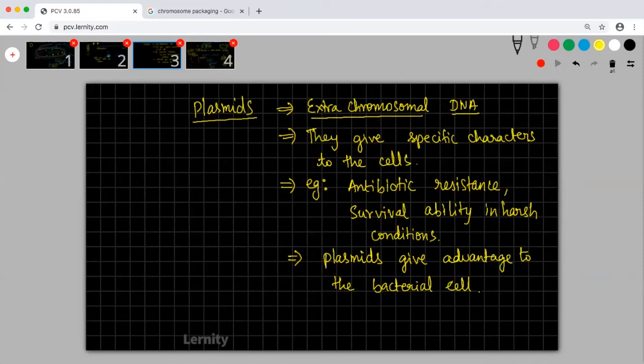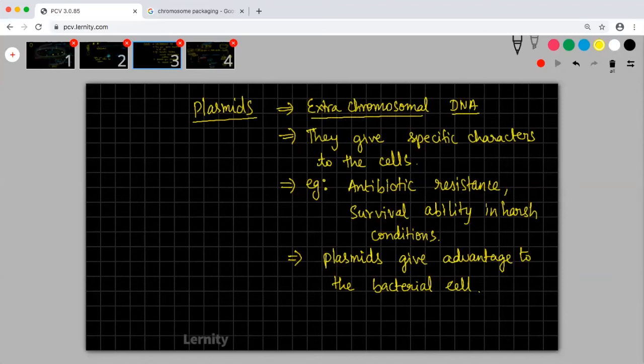Okay, understood. I told you already, all bacteria need not have it. Some bacteria will have, some bacteria will not have. It depends on the particular thing.